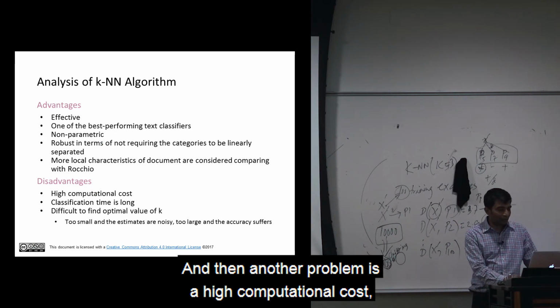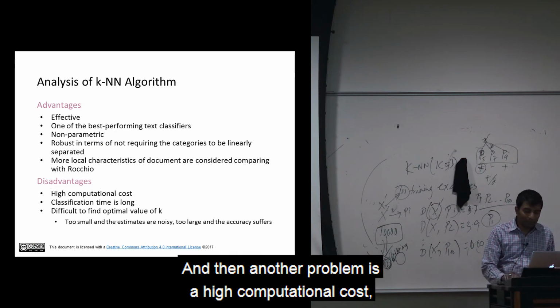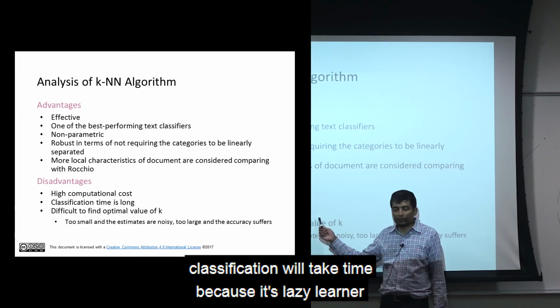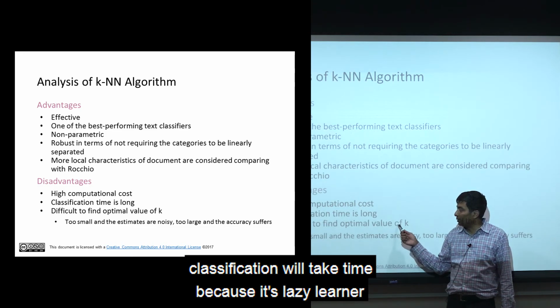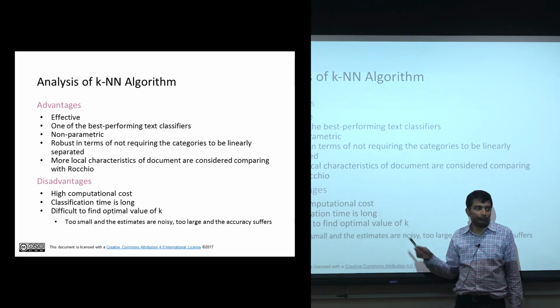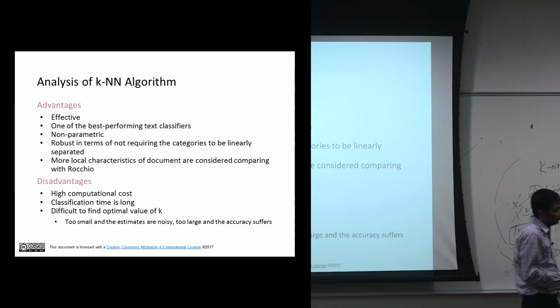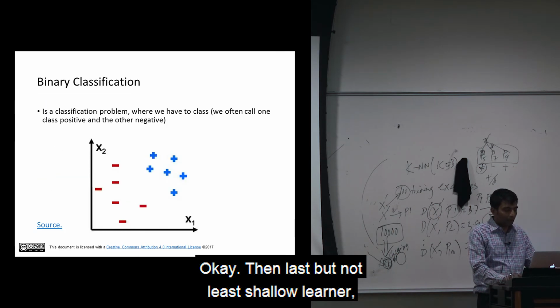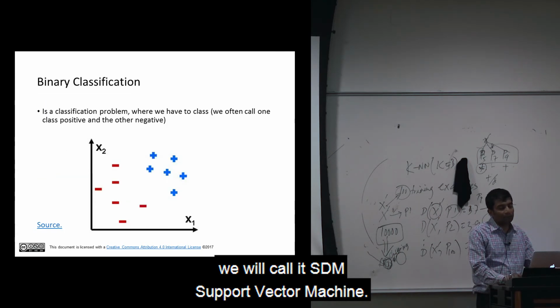Okay, so another problem is a high computational cost. Classification will take time because it's a lazy learner, and it is difficult to find the optimal k also. Okay, then last but not least, shallow learner, SVM, support vector machine.